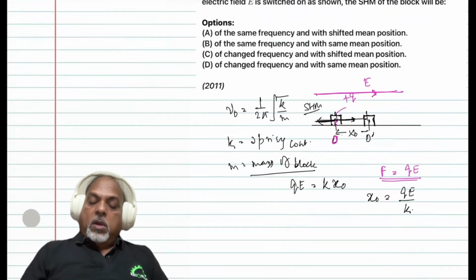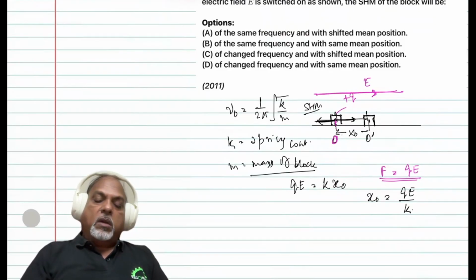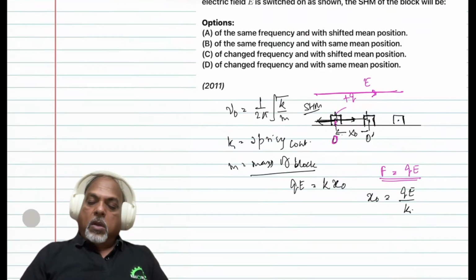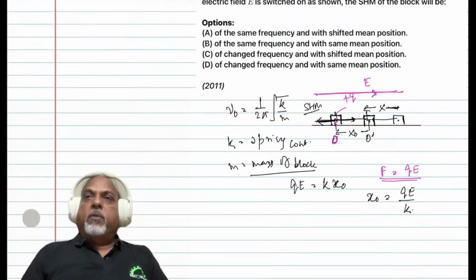Now, after putting on the electric field, suppose we shift this block some more distance, x distance, and if we leave it, what will happen? It will start performing SHM, and now the mean position will be O dash.